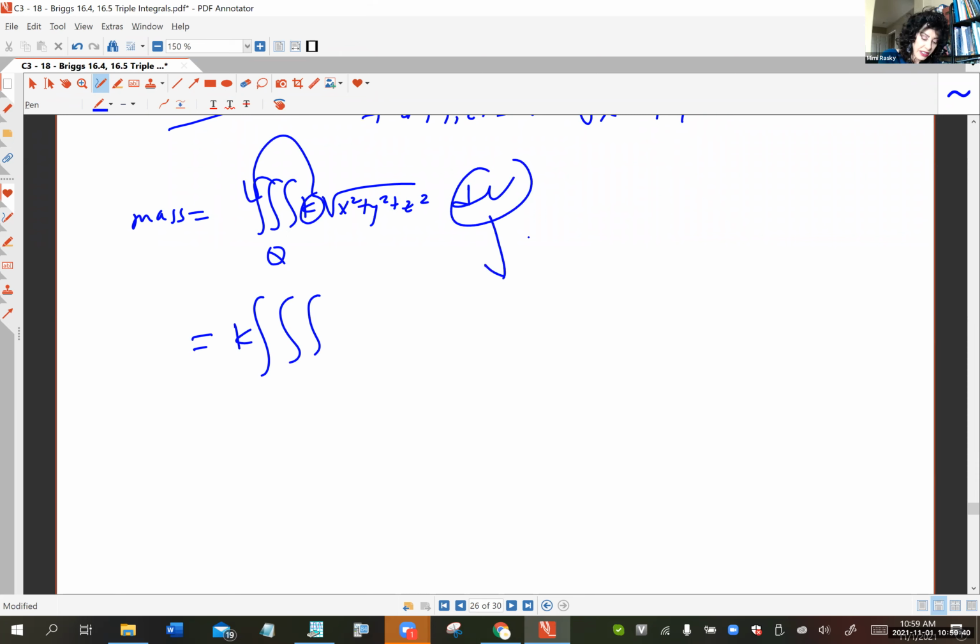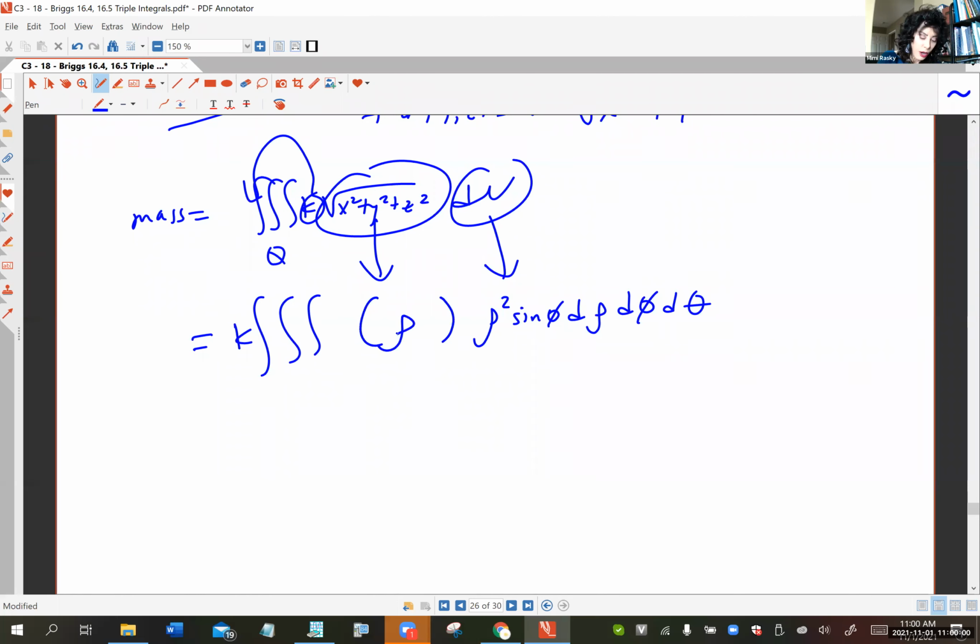And remember, the volume element for spherical is rho squared times sine phi d rho d phi d theta. The square root of x squared plus y squared plus z squared is simply rho.